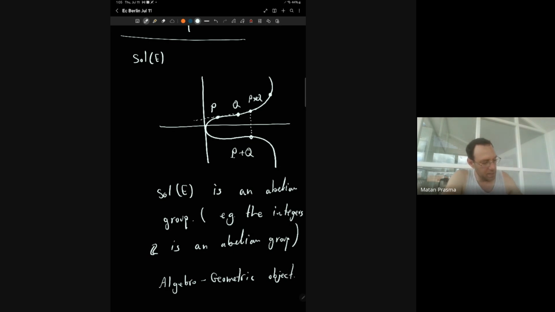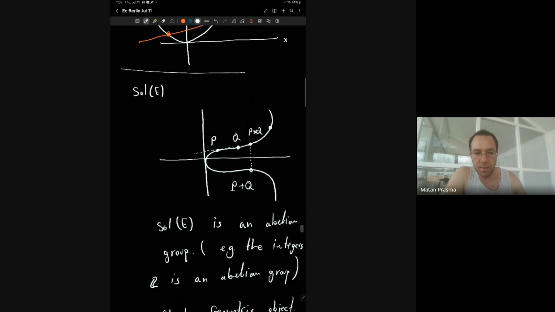And it turns out that not only does it have this abelian group structure, but the abelian group resulting from an elliptic curve has additional properties that most abelian groups do not have. And that is this bilinear pairing.